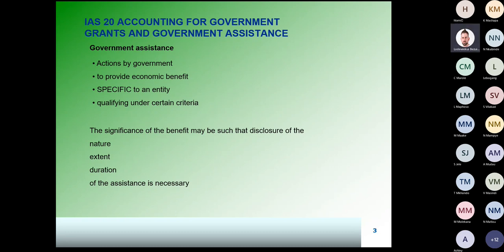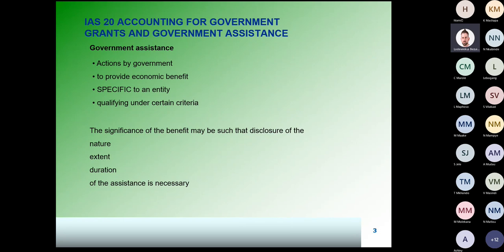So all we have to do is disclose in the financial statements that we have received some benefit of government assistance, but explaining the nature, the extent, the durations of the assistance that we have received. So the nature is we received a building that we can use for training. The extent is that we use it for training or whatever the information is that is given.